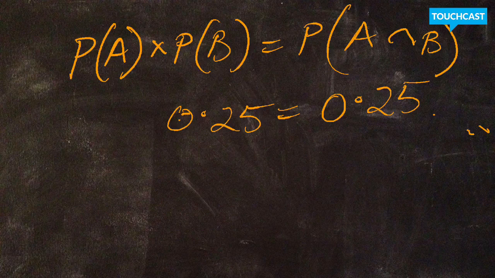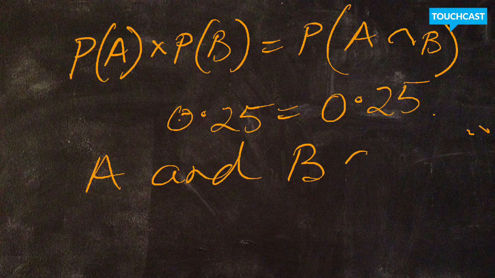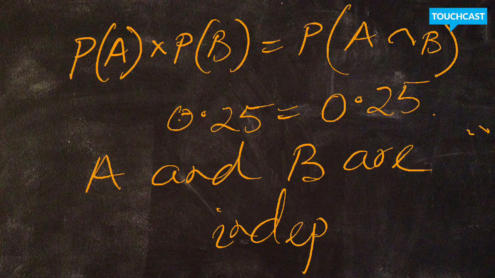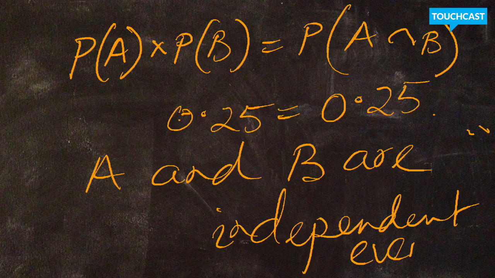And that proves A and B are independent events. That's how you got to prove it in NCA level 3 exams.